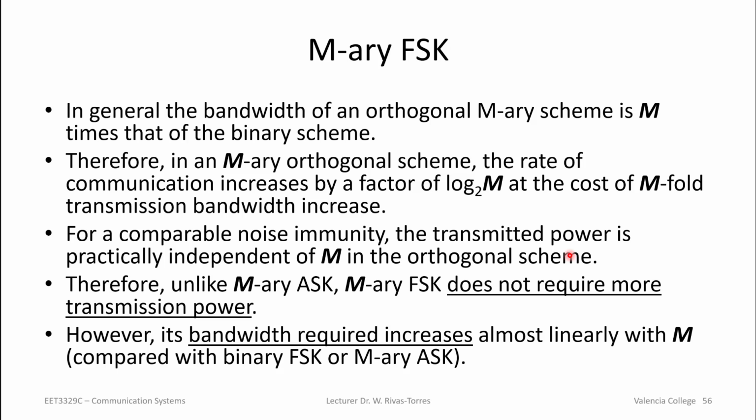It's what we call a constant envelope signal, same as regular FM. It always has the same amplitude, right? So increasing the data rate, you don't have to increase the power of the signal, which is always a really nice thing. However, the bandwidth again is required to increase when you linearly increase the value of M.